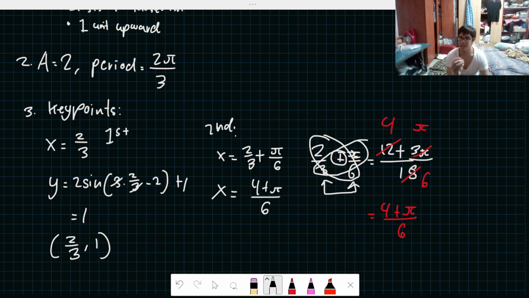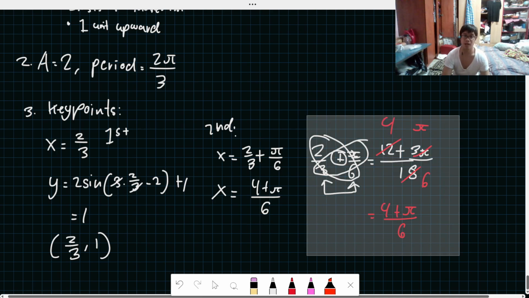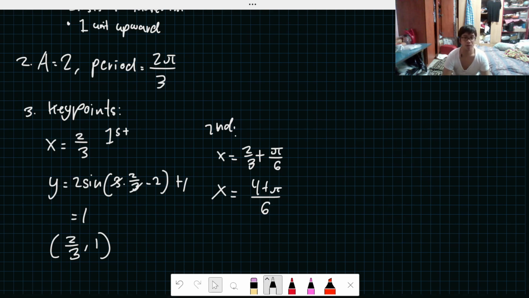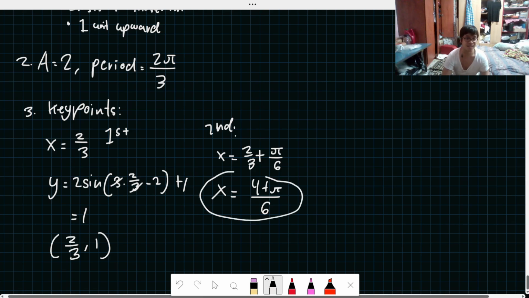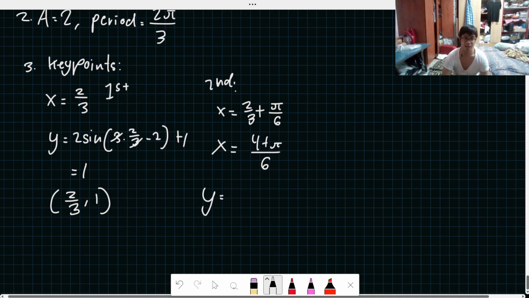I have a bad feeling that this would give you a very complicated answer. So I suggest you prepare a calculator here because there is a chance that it's not easy for us to find the y value. The fact that we have this x, there's a chance that we can't plot this one exactly, but by estimate. Later I'm going to explain it.